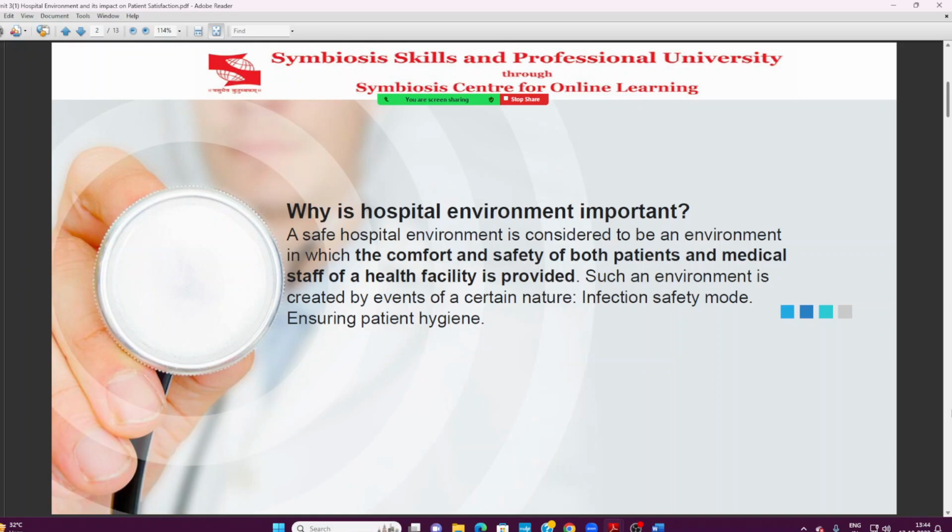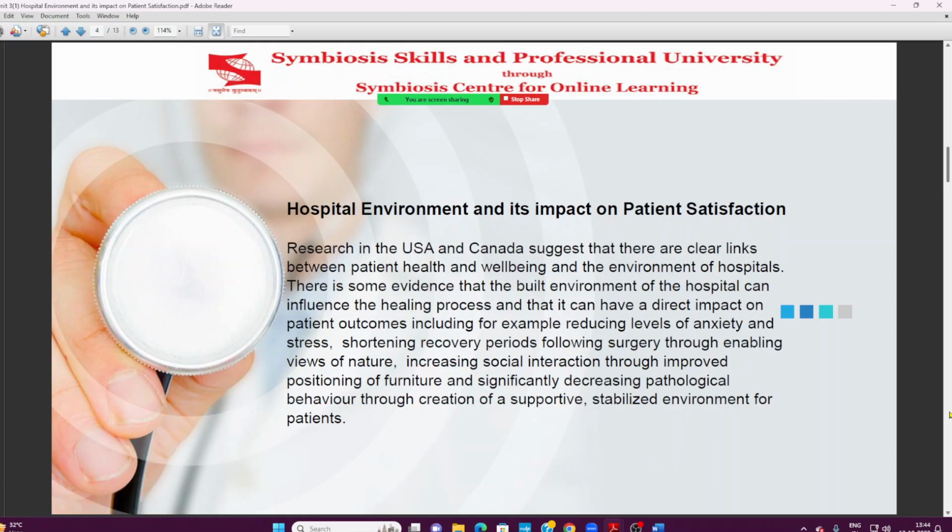So we have earlier seen what the hospital environment is and why it is important. We all know it is important from both the patient point of view as well as the medical staff point of view. And how does hospital environment impact patient satisfaction? I'll be coming to patient satisfaction also, how exactly we define it. There is some evidence that the built environment of a hospital can influence the healing process, how rapidly the patient recovers from the particular problem or disease.